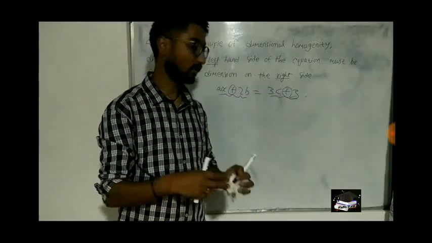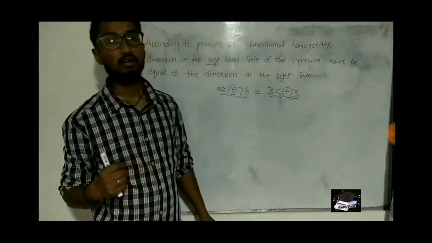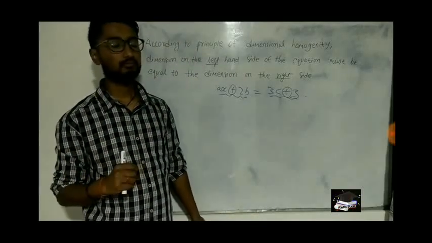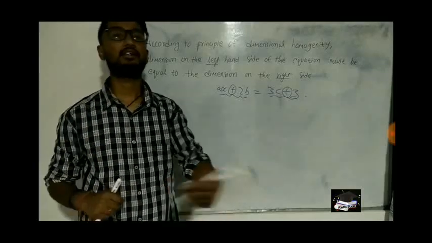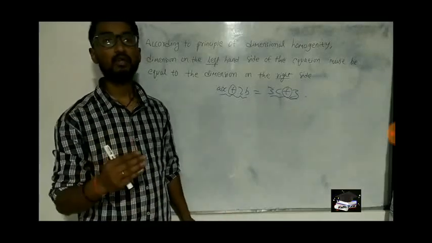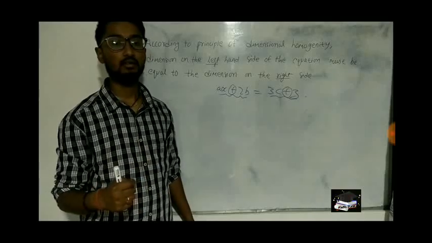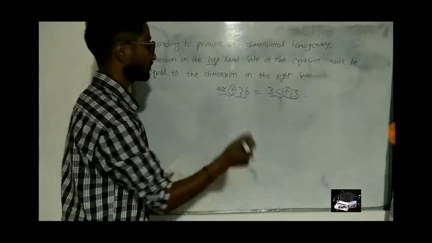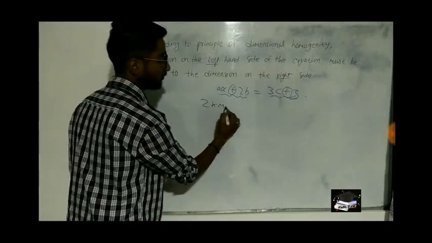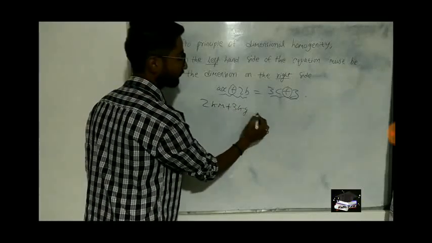For example, I'll give you one most common example. Suppose I give one question: add 2 kilometer and 3 kg. Will we be able to add them? No, because we cannot add 2 kilometer plus 3 kg.